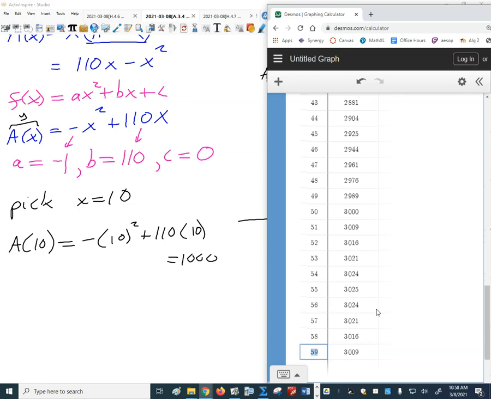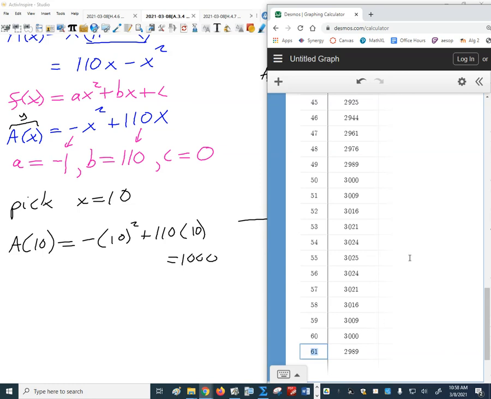Oh, they're going down. Suddenly they started going down. Look, as the width got bigger, the output area got bigger until we got up here to, it looks like, 55. 55 is where that was the biggest output we got, and then it started to decrease after that.